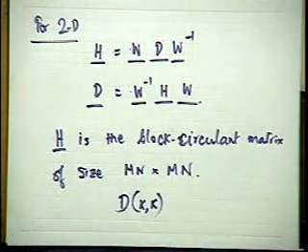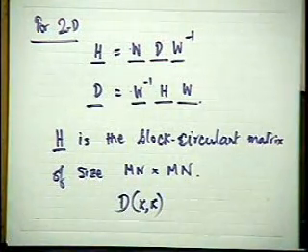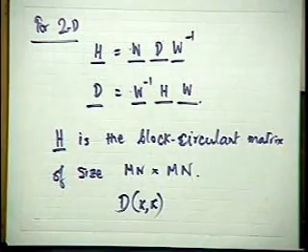In the case of two dimensions, the diagonal elements, D of k, k, become the eigenvalues, or rather they become the two-dimensional discrete Fourier transform of the H function.